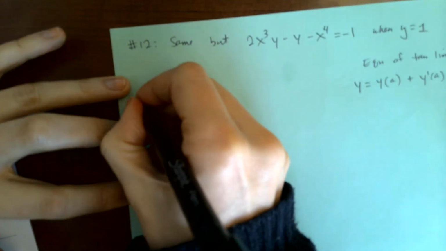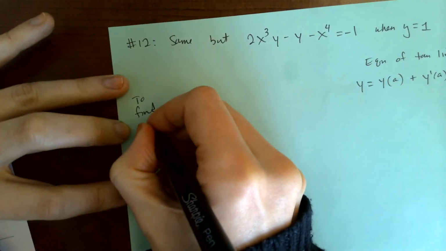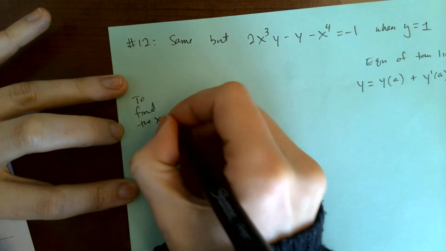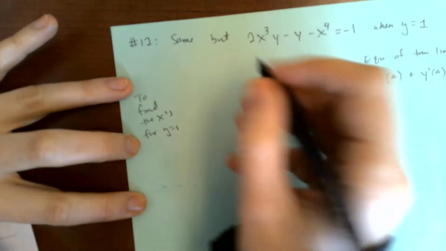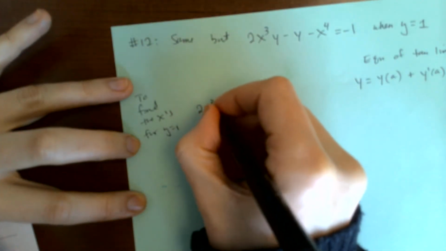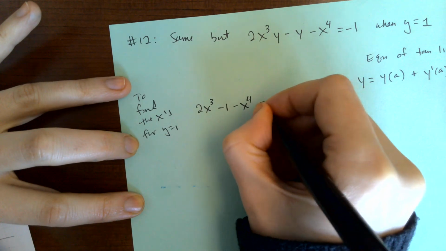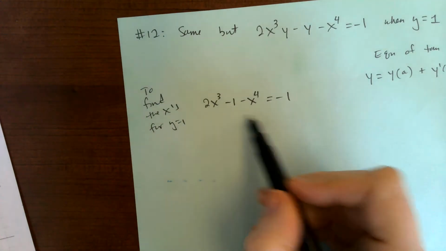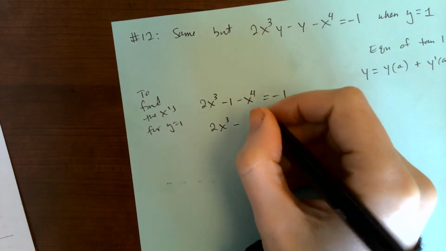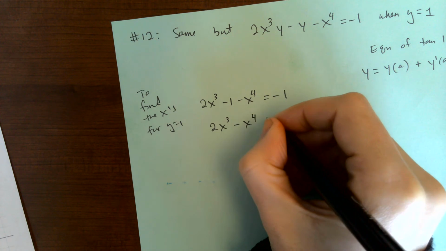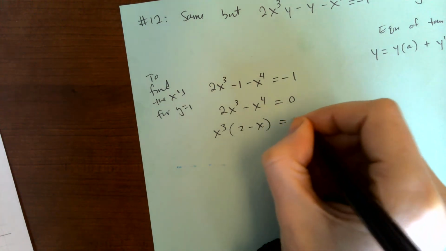Okay, so to find a, I'll say to find the x or x's for y equals 1, I'm going to go 2x cubed minus 1 minus x to the 4th equals negative 1. And then I can add that 1 over, and I get 2x cubed minus x to the 4th equals 0. I could take out an x cubed, 2 minus x.